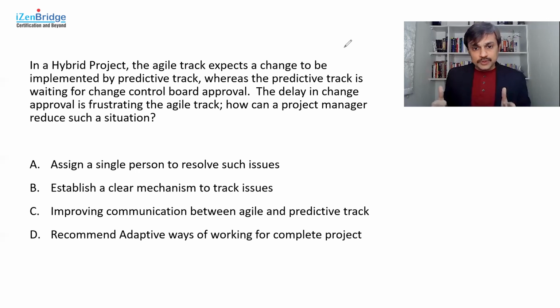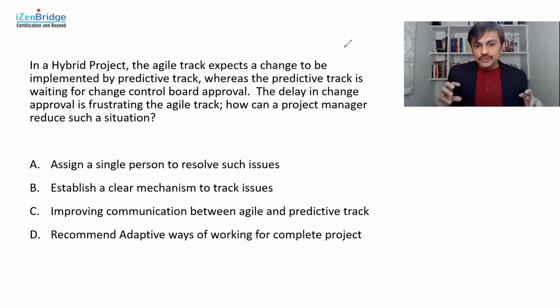Establish a clear mechanism to track issues. It's a good idea. Tracking of the issues, communicating those issues, discussing them in various meetings and milestone reviews, making them visible, definitely this tracking will improve the resolution. That's clear cut there. Now, improving communication between Agile and predictive track is also a good option.